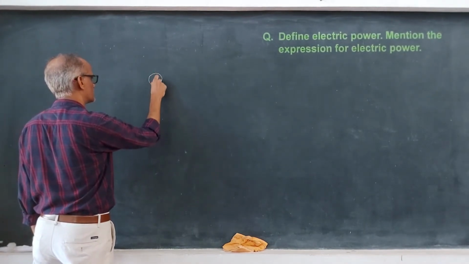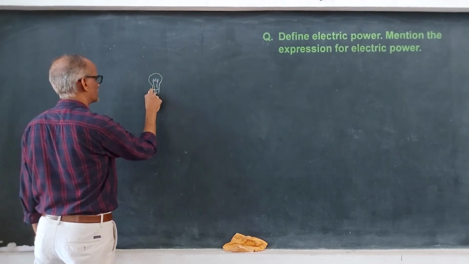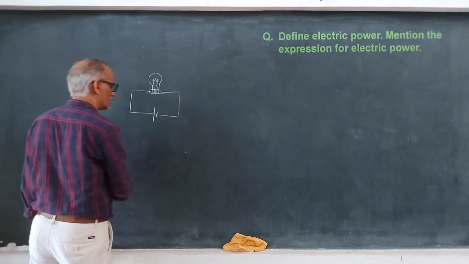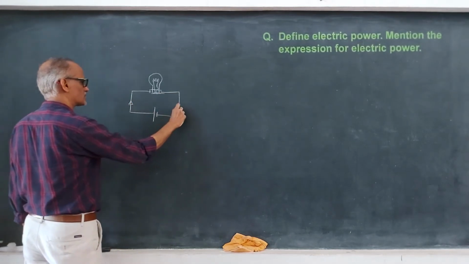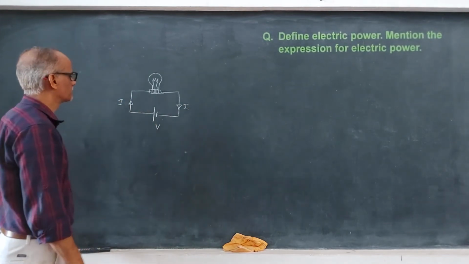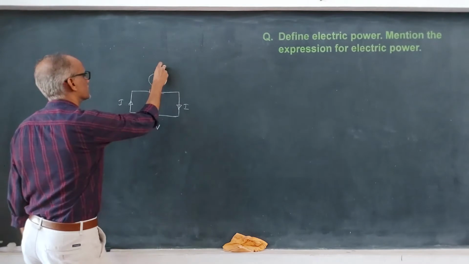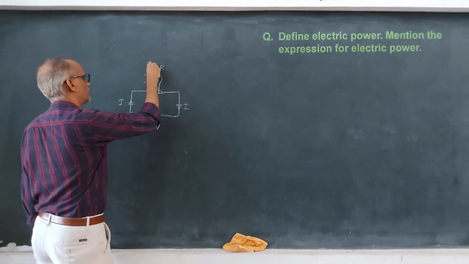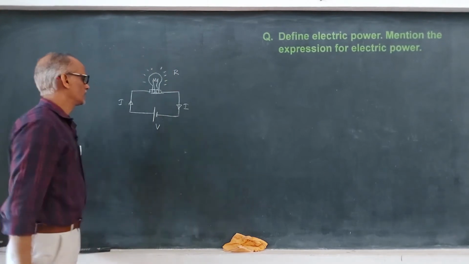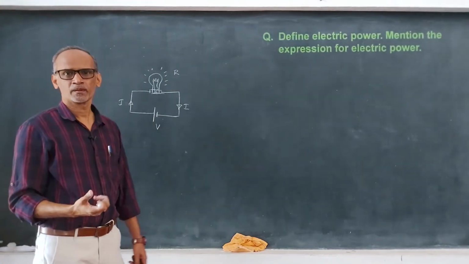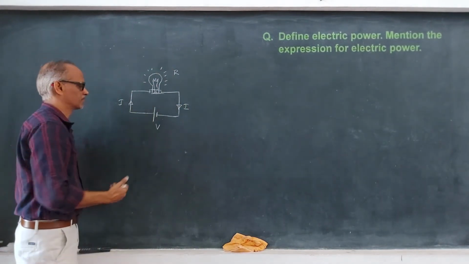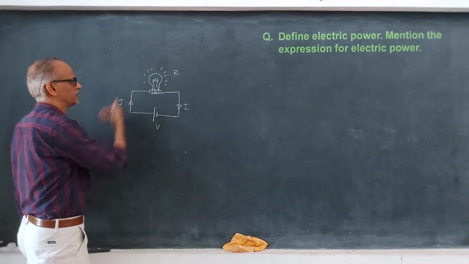If there is a filament bulb connected to a battery, current I flows through the circuit, V is the potential difference and R is the resistance of the bulb, and this bulb starts glowing. Now, when the bulb starts glowing, electric energy is converted into heat energy.